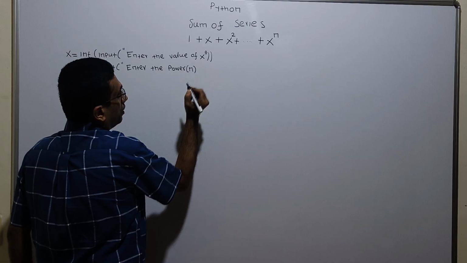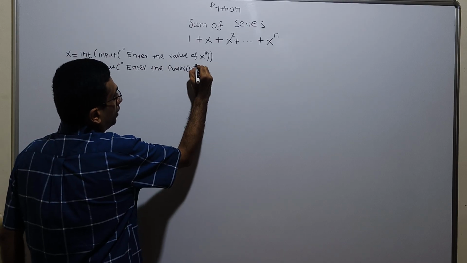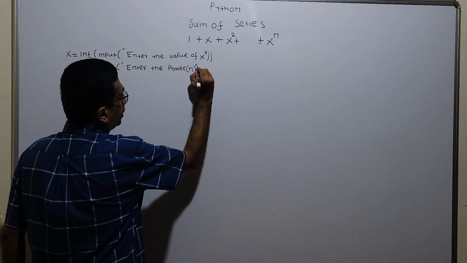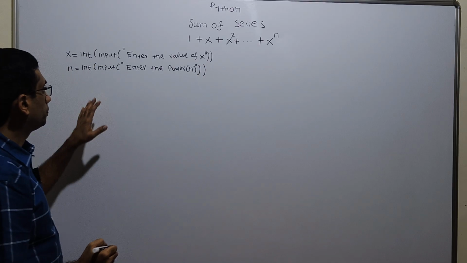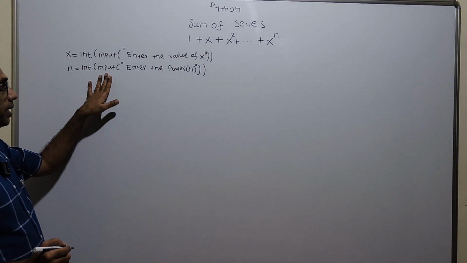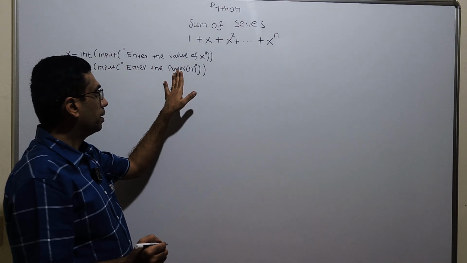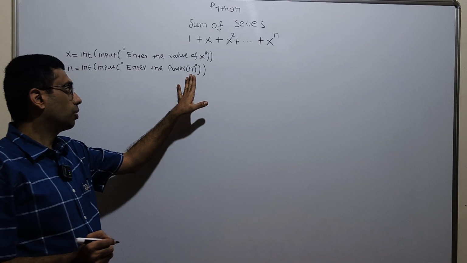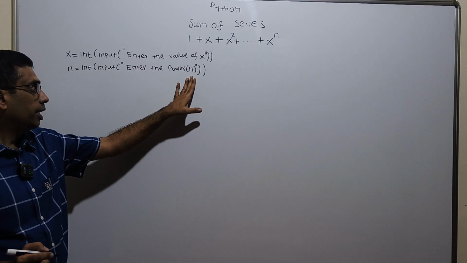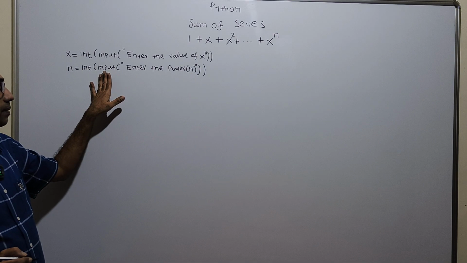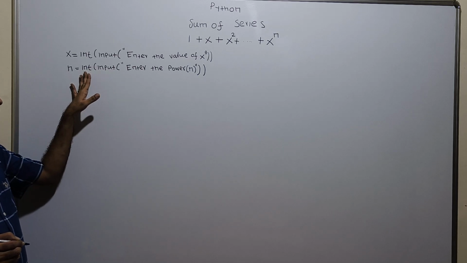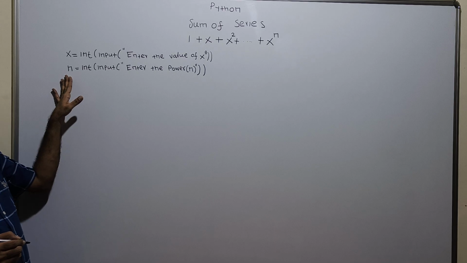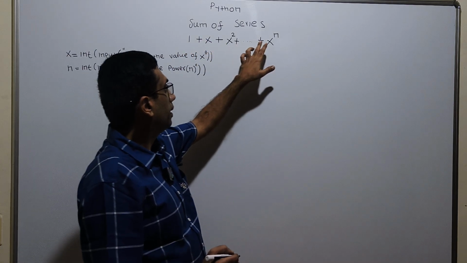I am giving that within the parenthesis. I am closing the double quotation, the input statement, and the int function. Now the input statement displays the string on the user's console. When the user enters the value, the input statement receives it as a string. The int function converts it into an integer and stores it in the variable n. Now I have the values x and n.